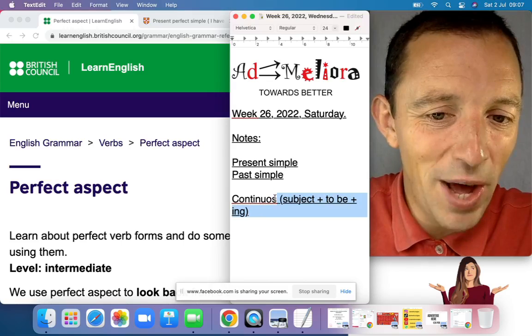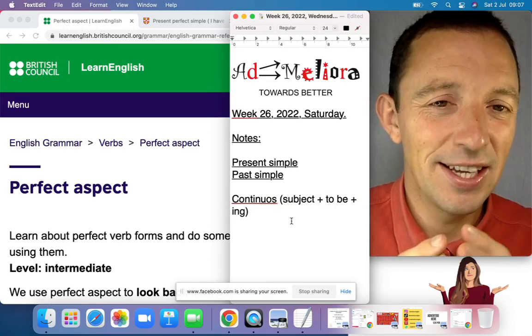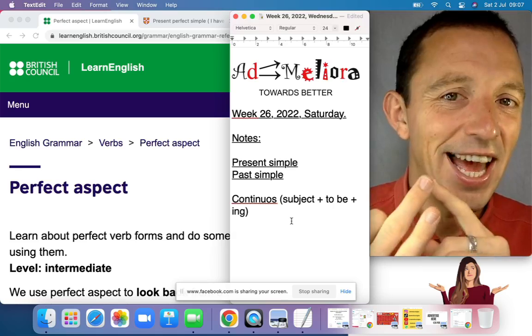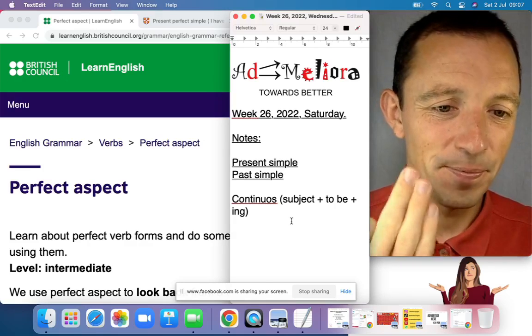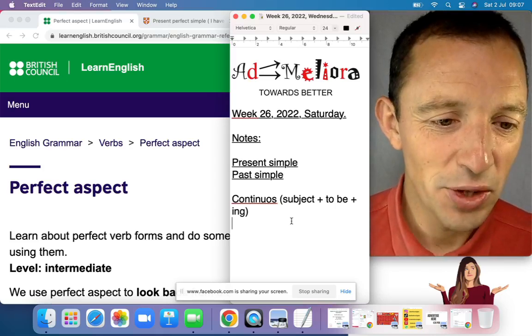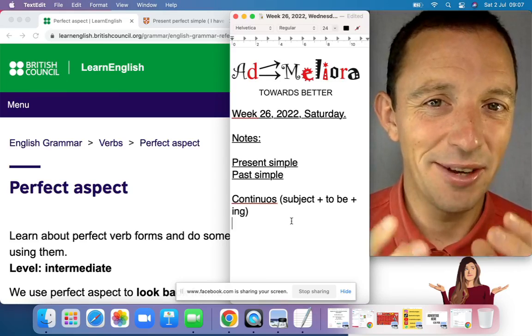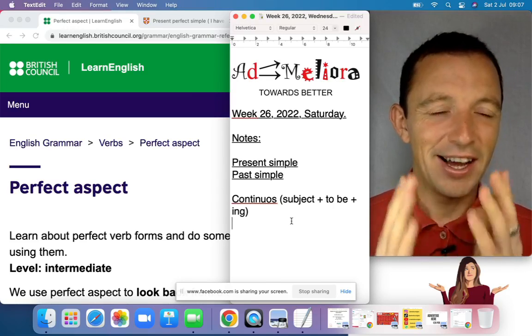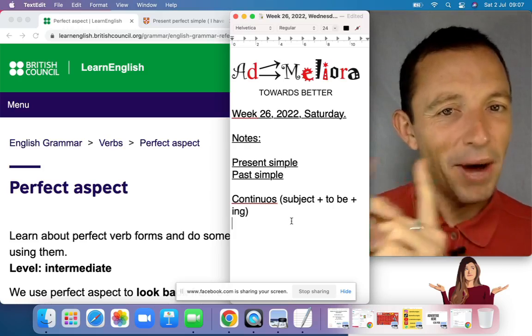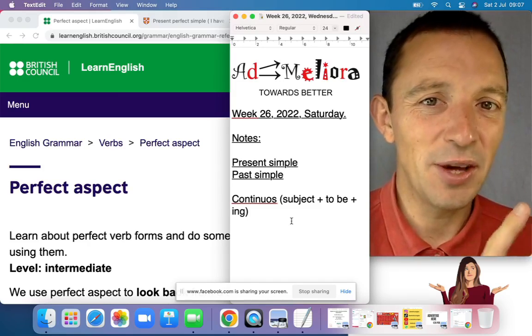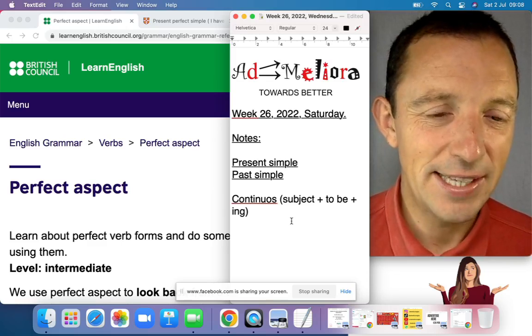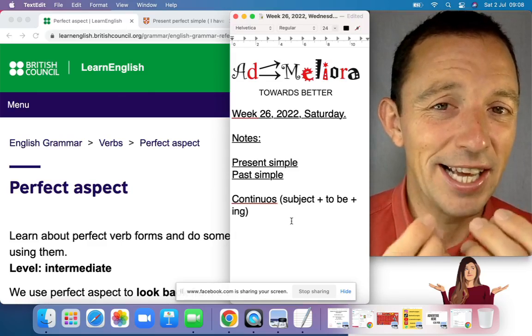So this is the way to create the continuous form. Present continuous, I am eating, I am drinking. Past continuous, I was eating, I was drinking. Future continuous, I will be eating, I will be drinking.